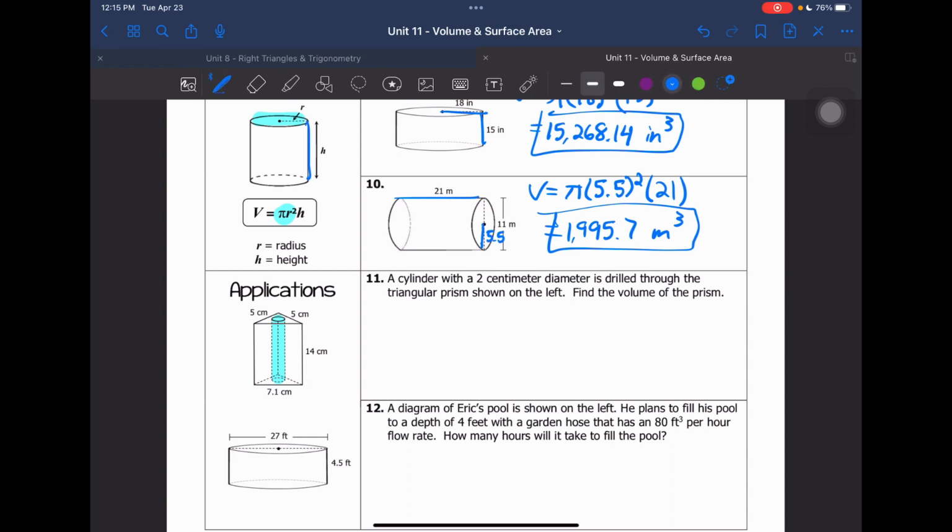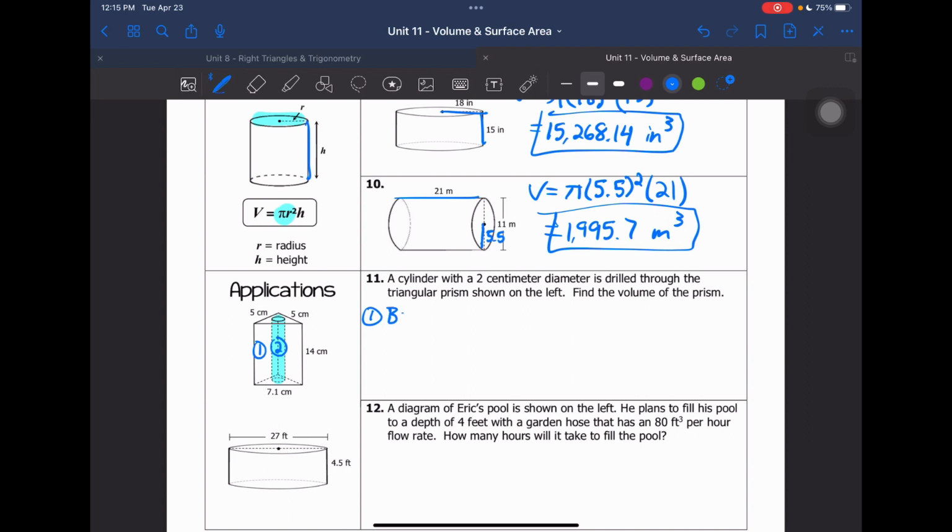So we can think of this as finding two different volumes and then subtracting, because we're taking that cylinder out of the prism. So we can start by finding the volume for the prism.